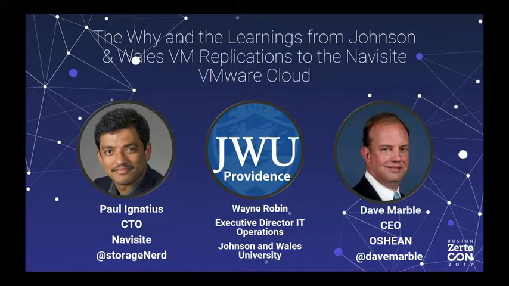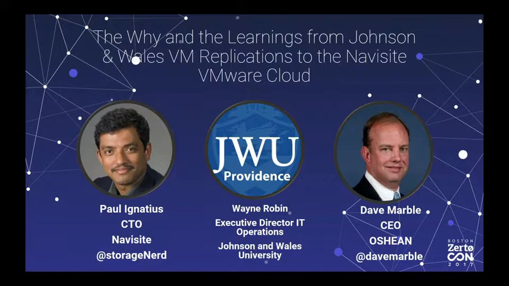So we looked at different opportunities, and one that came up, in conjunction with Ocean and Navisite, was a virtual data center environment using Zerto as a replication tool. We also still have some Solaris applications, so we needed some solutions for that.